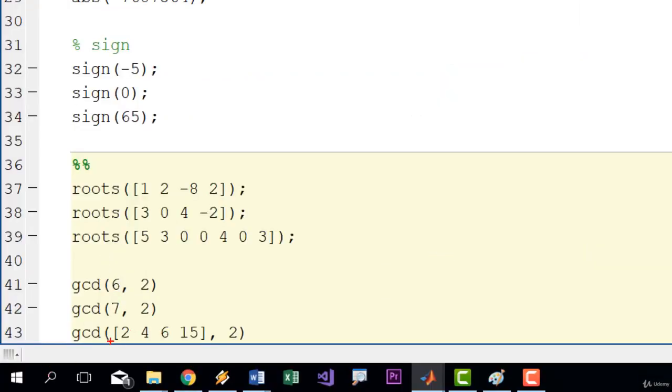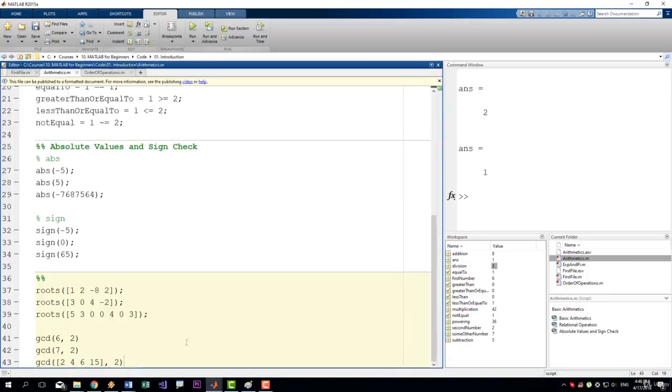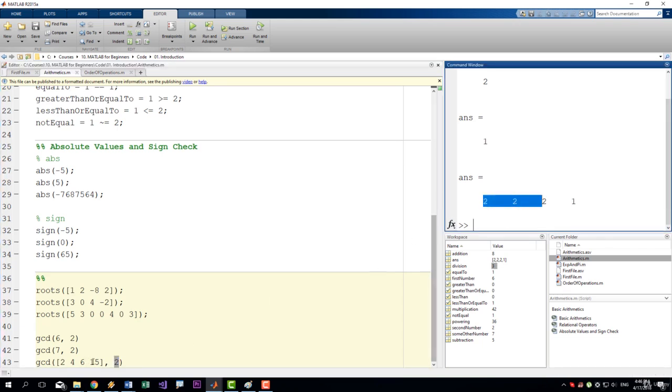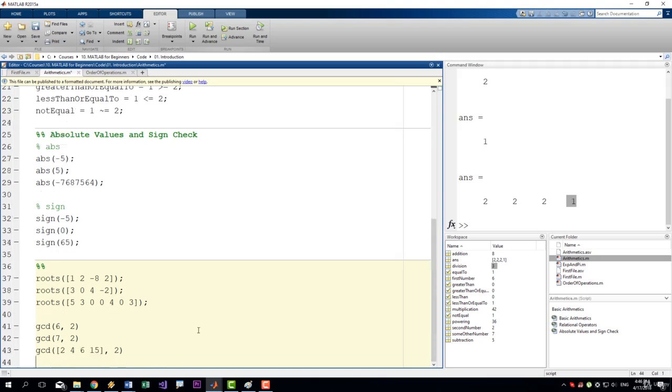We create a set of numbers with square brackets. We write all of our numbers just like we did with the roots, and close the square bracket, comma, and supply our number that we want to test them against. Run it. And for all of these numbers, 2 is a greatest common divisor except for 15, where 15 and 2, their GCD is 1.